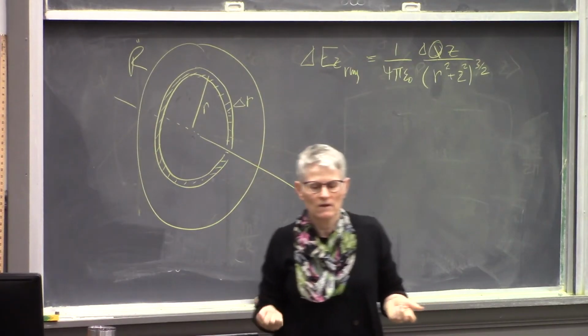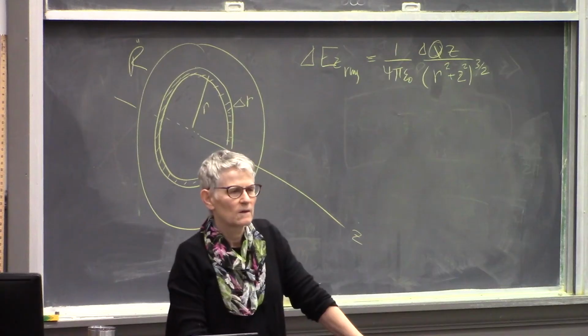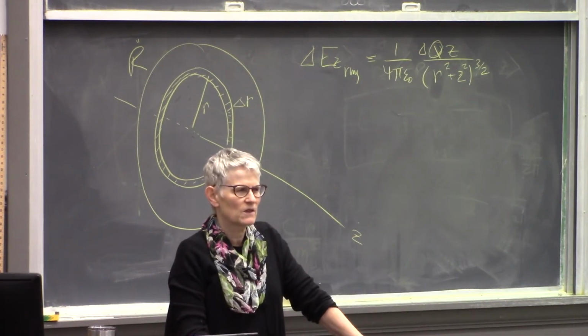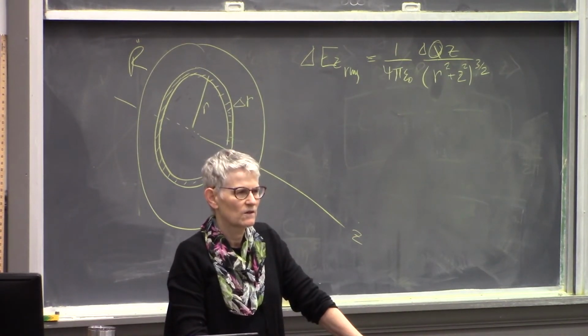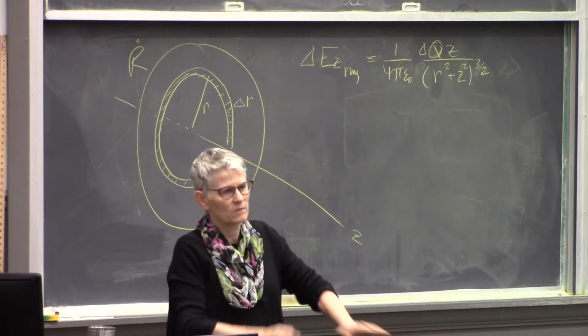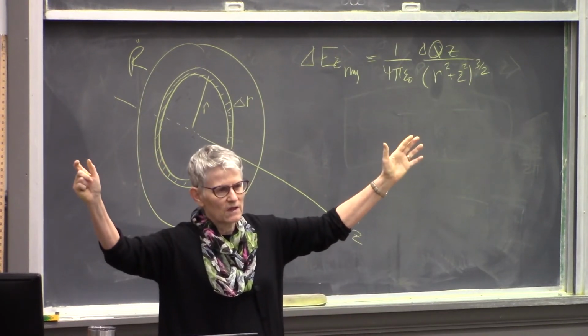So now the question is, again, delta q, the amount of charge on this ring. Do all the rings have the same charge? No, they don't, right? The bigger the ring gets, the more charge it has on it.